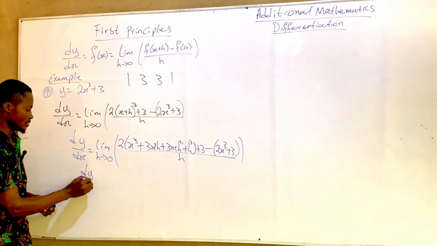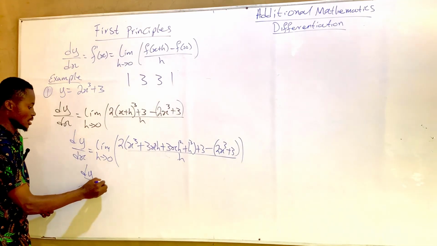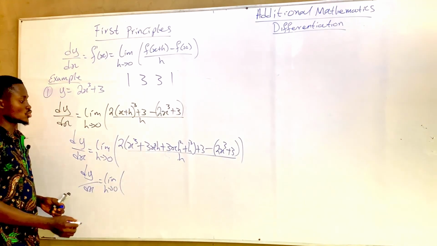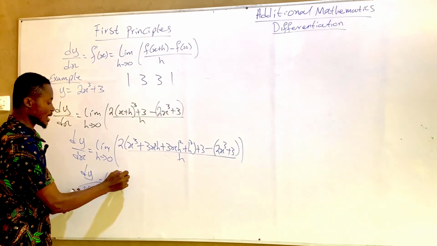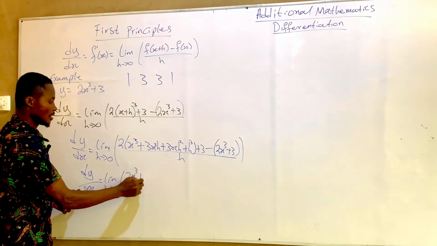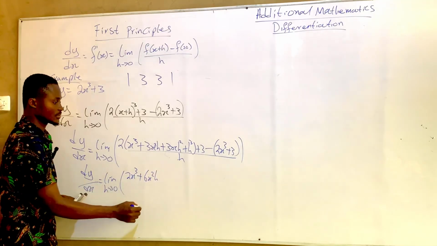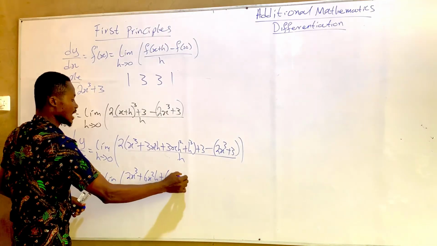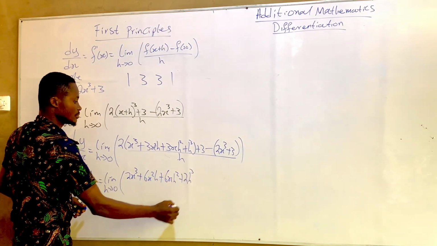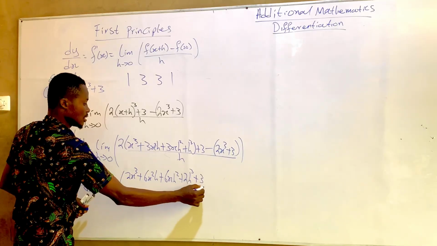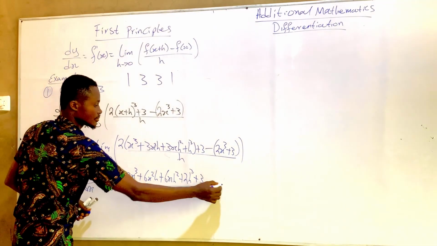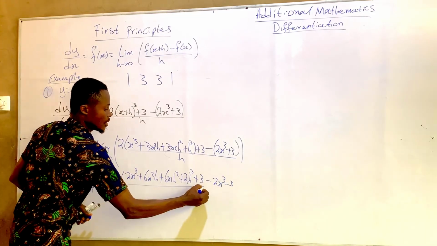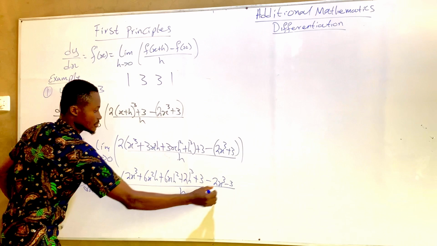So, our dy over dx, the limit as h approaches 0, is going to be 2 multiplied out, which will give us 2x cubed plus 6x squared h plus 6xh squared plus 2h cubed, then plus 3, minus 2x cubed minus 3, all over h, bracket close.